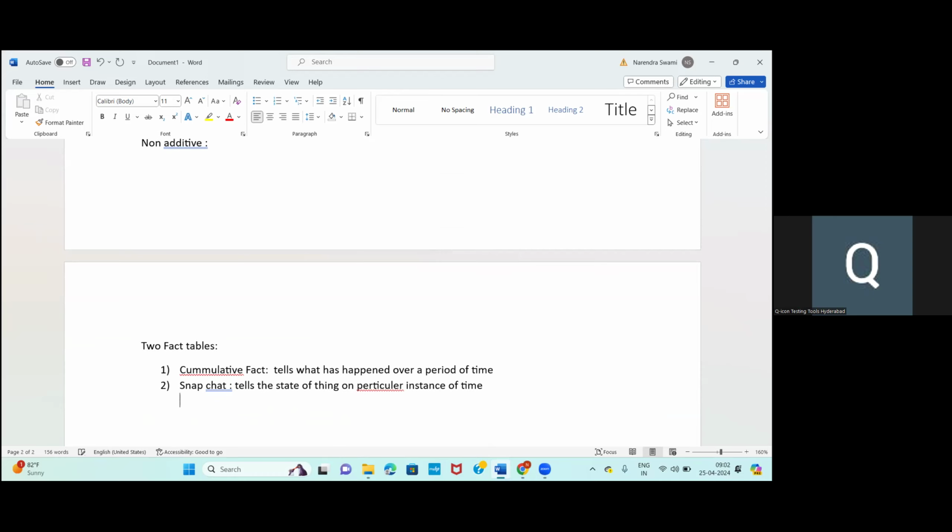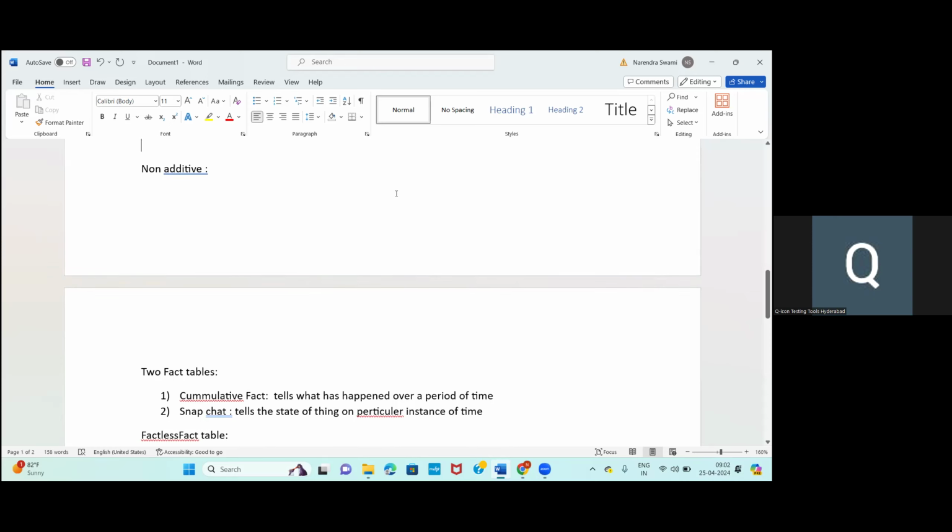Okay, and one more type of fact table. Generally this will not be explained by anyone. There is one more fact table, that is the factless fact table, where a fact table doesn't have any facts and measures. That is called a factless fact table.